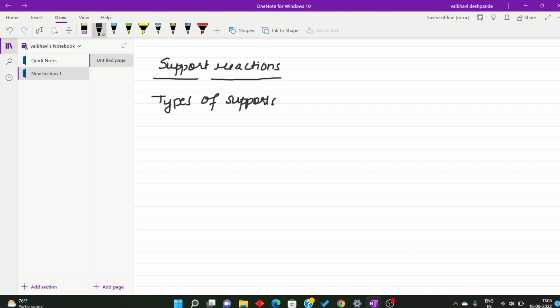So, what you have to write? One is the simple support. Second one, it can be roller supports. Then another type of support is hinged or pinned support.